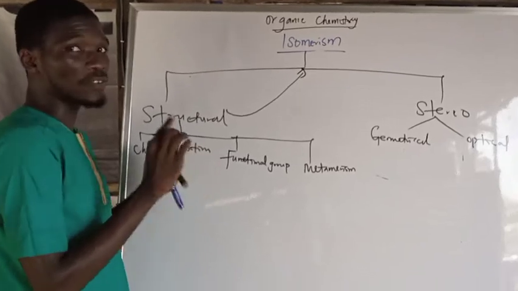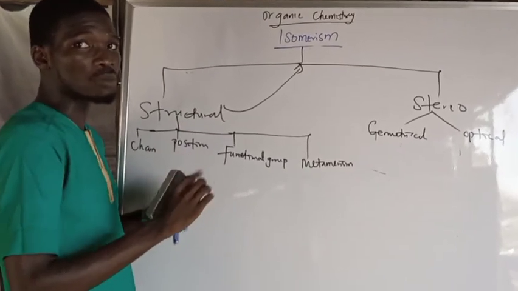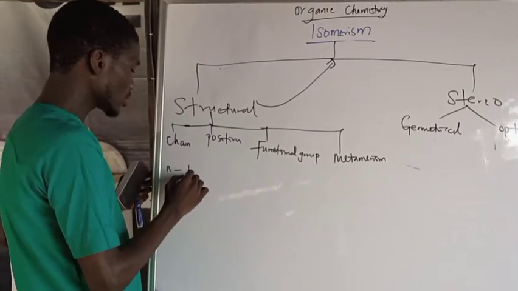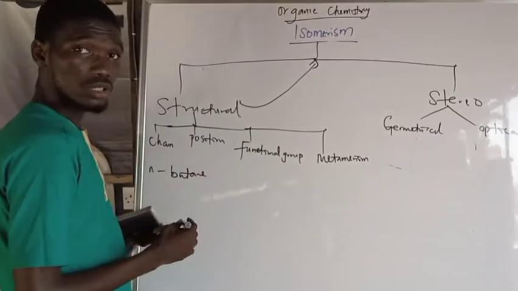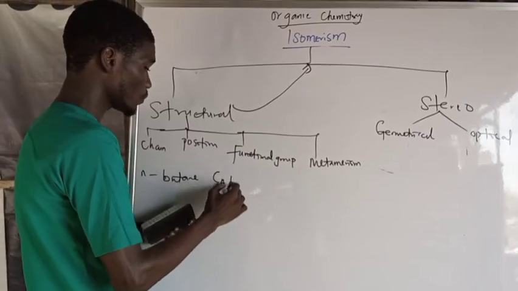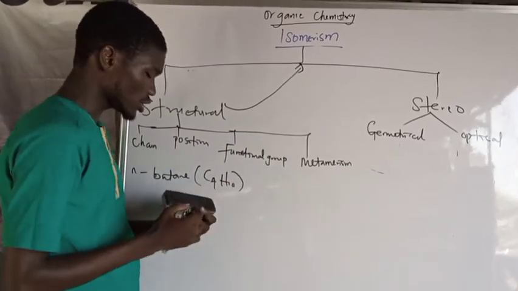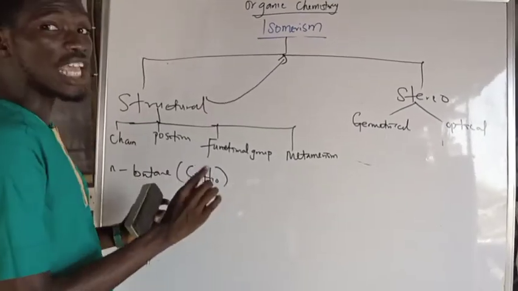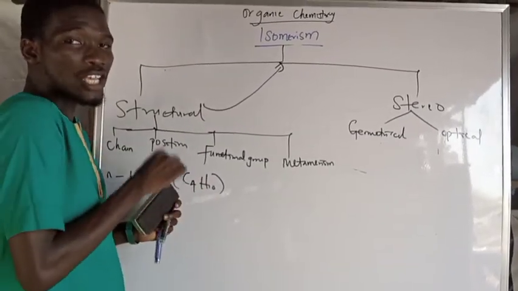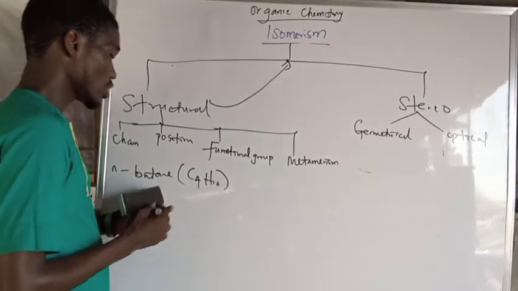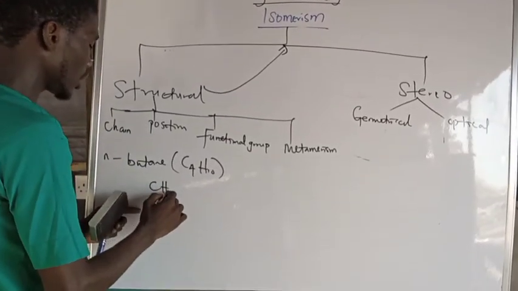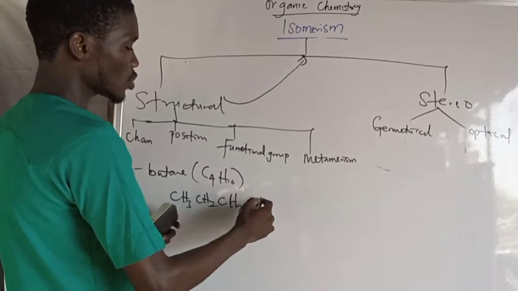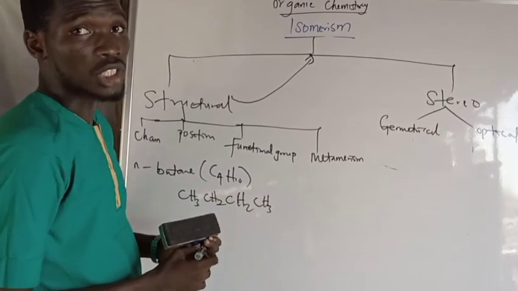So what is chain isomer? Chain isomers differ in the way the carbon atoms are arranged. Example of chain isomer, we have n-butane, C4H10. Under this chain isomer, we want to deduce if it can have another isomer. So for butane, we have CH3, CH2, CH2, and CH3.